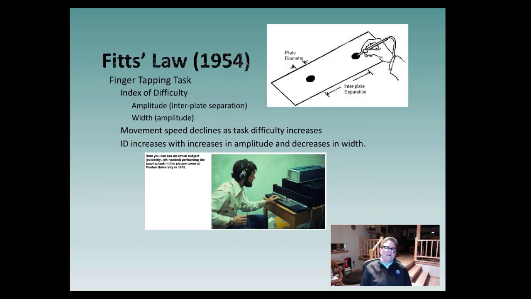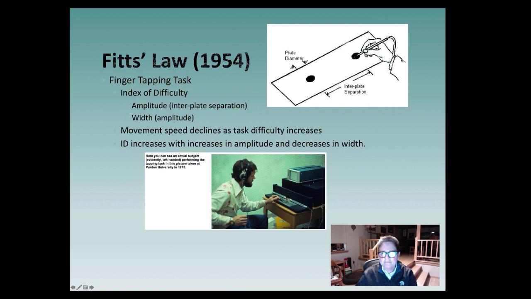So in the area of motor control where we have this conversation about the motor program is this idea about Fitts' law. And a man named Paul Fitts, who was at the University of Michigan for many years, developed in 1954 something called the Fitts tapping task. You can see an example of the tapping task here.